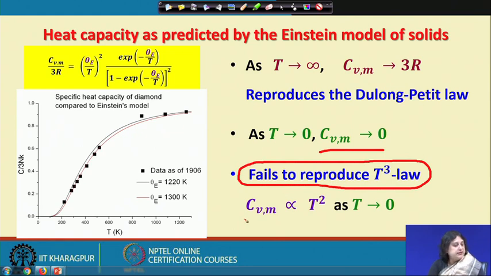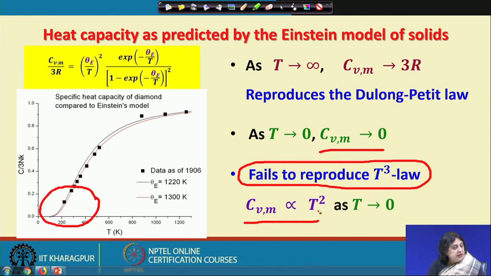If I plot the low temperature behavior of CV in the measured data, I find that it follows the T cubed law. But if I once again look at the behavior of CV as a function of temperature for small values of t in the Einstein model, I find that it will go as t square.